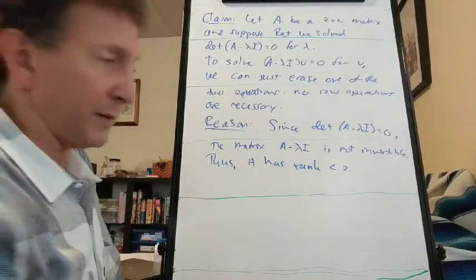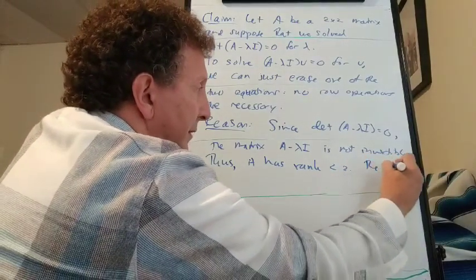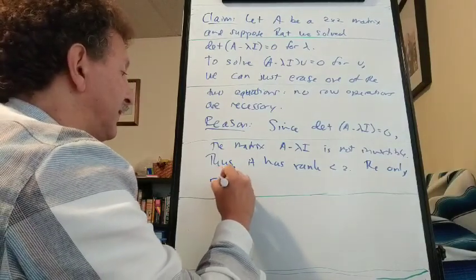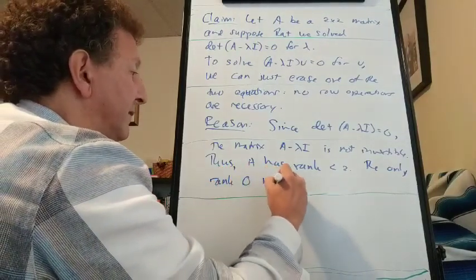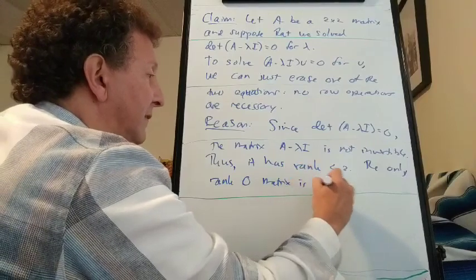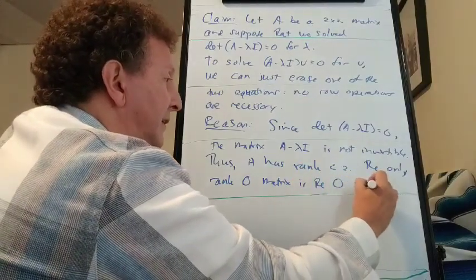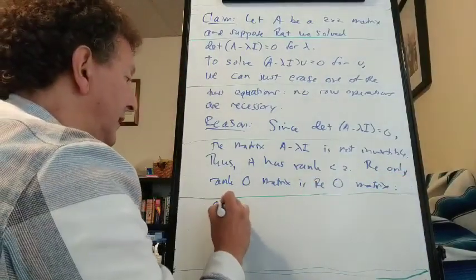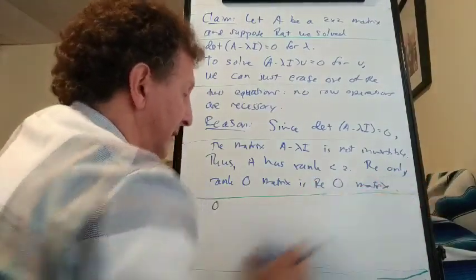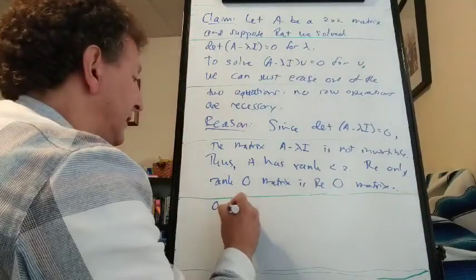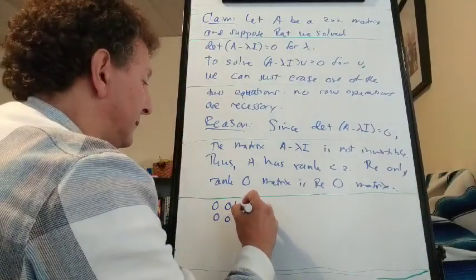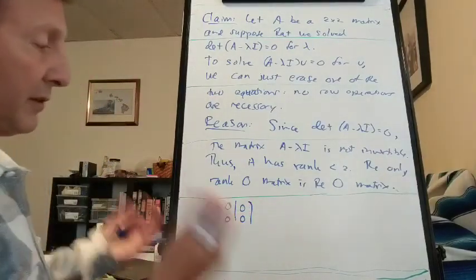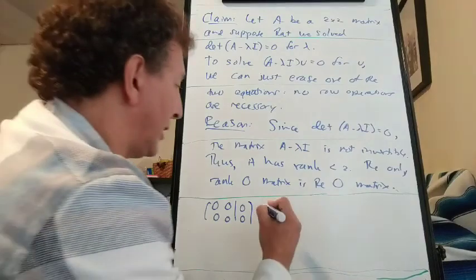So that's 0 or 1. Now the only rank 0 matrix is the 0 matrix. So if this is a system of equations you're solving, of course you can erase the second line.